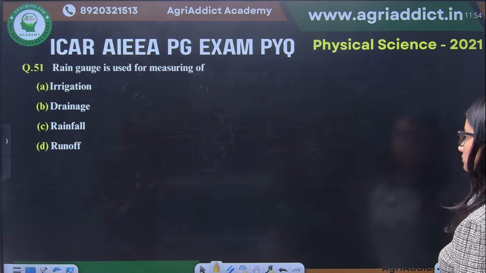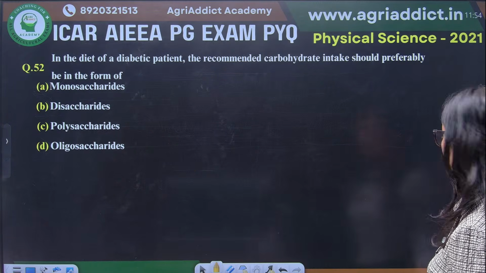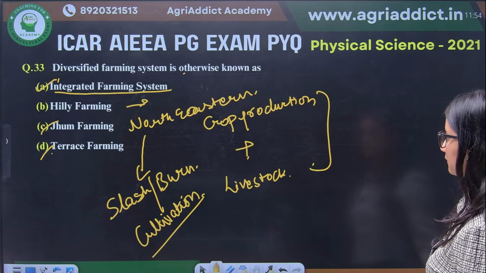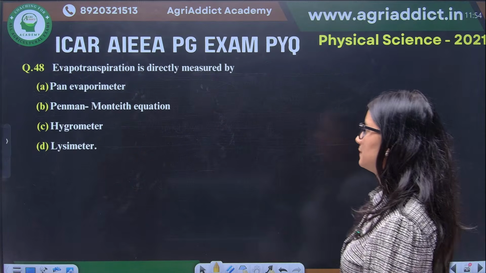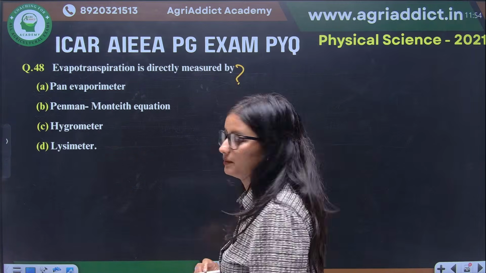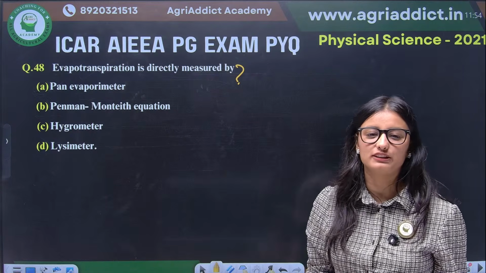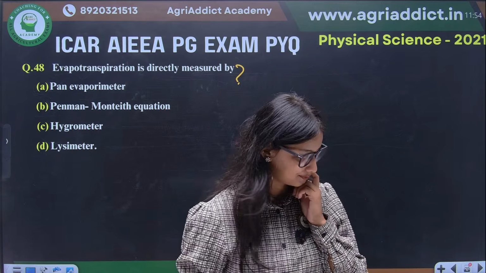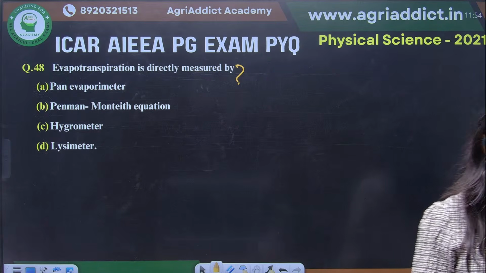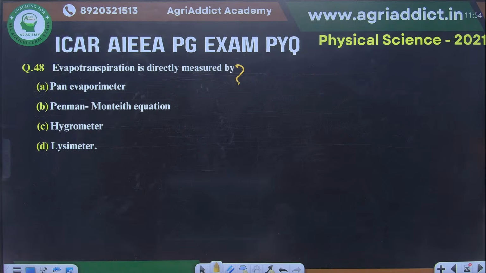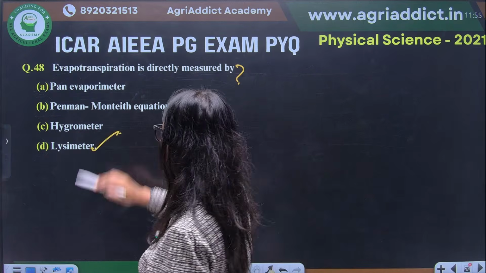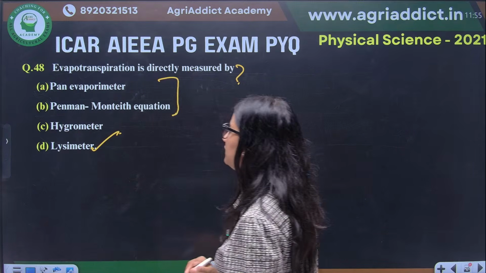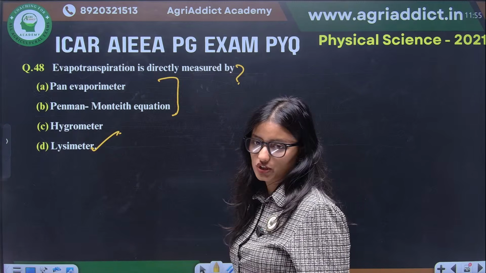So next is, evapotranspiration is directly measured by what? Direct method of measurement of evapotranspiration. D, very good. D is the correct answer. Lysimeter. What about pan evaporimeter or Penman Monteith equation?